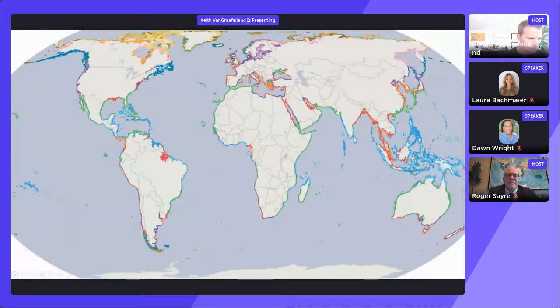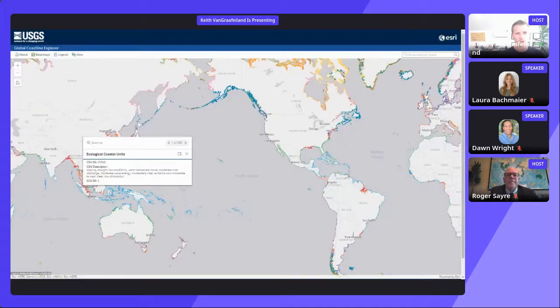So there's a lot of data here, right? There's a lot of information that can be gleaned from ecological coastal units, and that's what I want to explore with you today. So Roger mentioned there's over 4 million 1 kilometer segments, and they really are fascinating to explore and zoom into coastal areas that you're familiar with or curious about. And the Global Coastline Explorer is a great application to be able to do this.